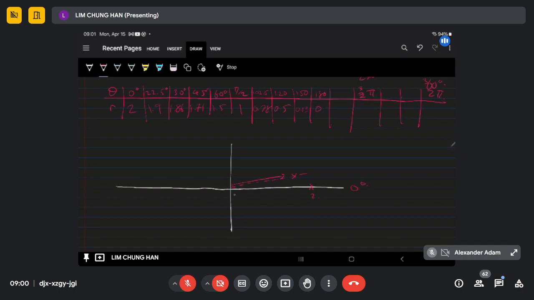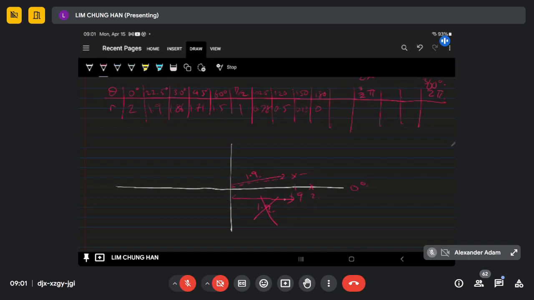The 1.9 is not the horizontal measurement. It's not that measurement. The 1.9 is this. It's the radius. Be careful when you measure that 1.9, the r.